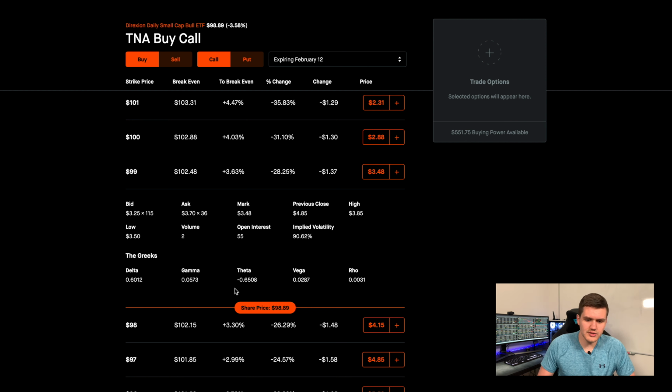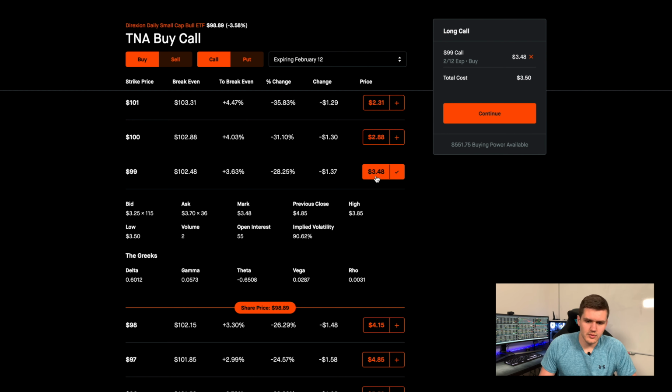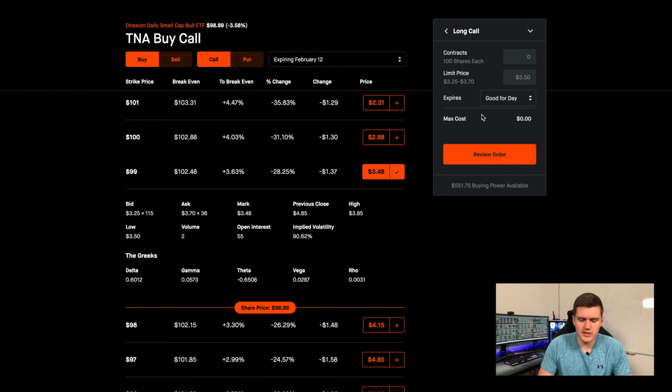So let's go ahead and transact on this one option. Robinhood likes to stage our purchase order. We're going to do a long call, so purchase a call with an expiration date of 2/12, which is Friday, February 12th of 2021. Then we're going to press continue. It's going to ask us how many contracts we want, and each one of those contracts is 100 underlying shares each.